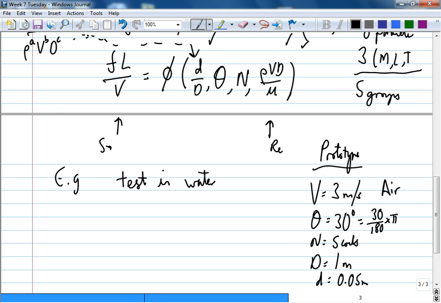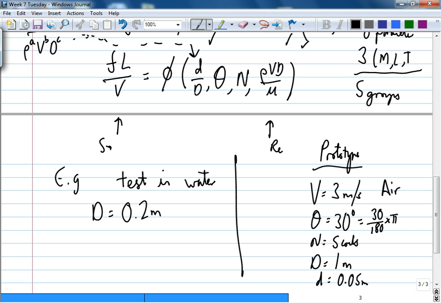But we are going to test in water. So in our water setup, big D is maybe 0.2 meters.